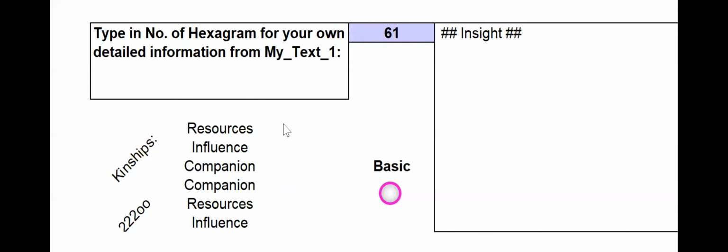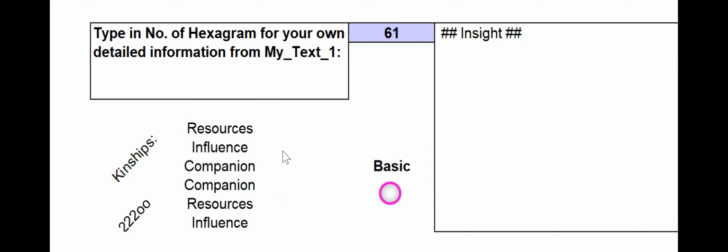And then we have what the lines of the hexagram mean for the qualities which we can have from influence to companion and to wealth. This is a special theory about interpreting the hexagrams.